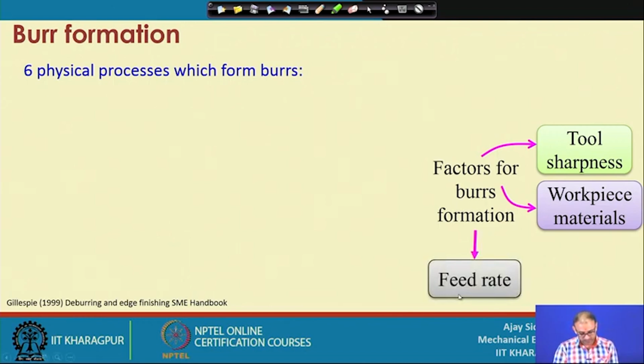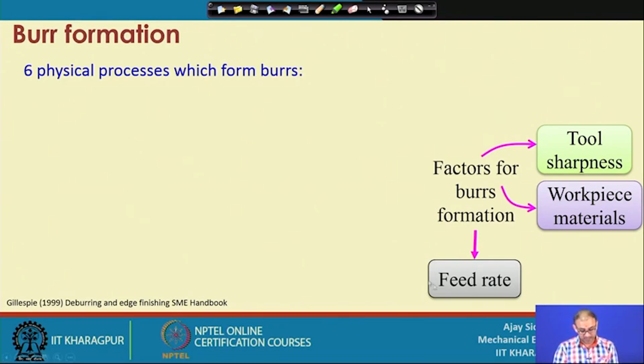Then the feed rate also plays an important role, because if you go with a very high feed rate, at that time you may end up with a high burr. But now what we are looking at here is that feed rate may also result in a low burr, but that is applicable for a certain material and certain specific conditions only. So, there are no generalized statements available.